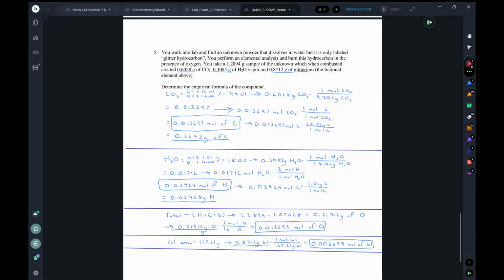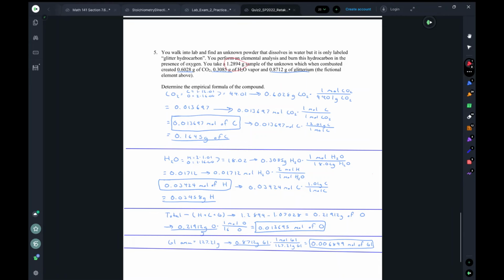Alright, for question number 5, I believe it would be best if I just went over my process, as I think it will be too time consuming if I just went along as I wrote. So in question number 5, we are tasked with determining the empirical formula of the compound, as we take 1.2894 grams of an unknown sample, and it combusts to create 0.6028 grams of carbon dioxide and 0.3085 grams of H2O, and also 0.8712 grams of glitterium.